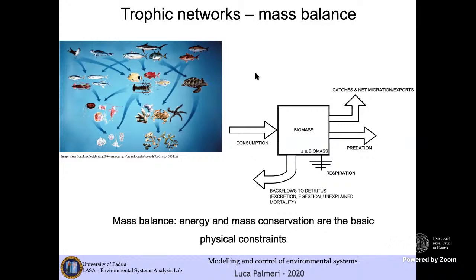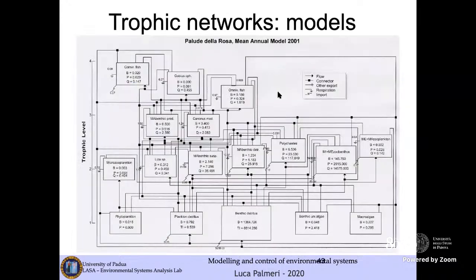So, according to the basic physical constraints, you may always be ready to apply our continuity equation description in terms of mass balance. And by building this kind of approximation, as I showed you, you may end up with very complex models describing very heterogeneous systems.